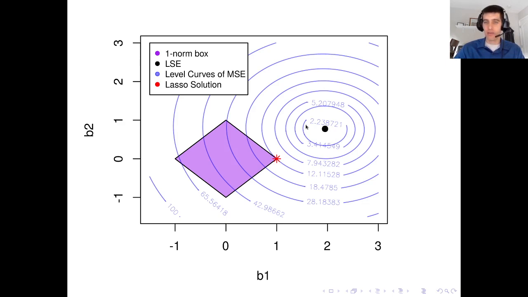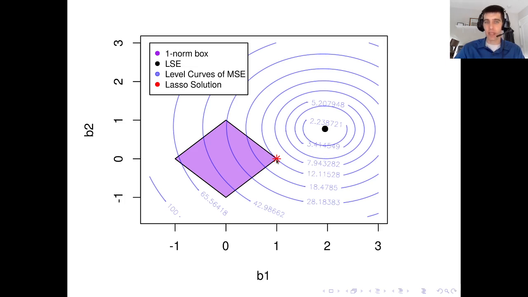Okay, and then this circle here is a plot of all of the b values where the mean squared error is 3.41. Okay, and so on and so forth. So I can increase these circles, and when I increase these circles, this represents increasing my mean squared error, right? So I'm increasing my mean squared error as these circles get larger, and I can see to what value.